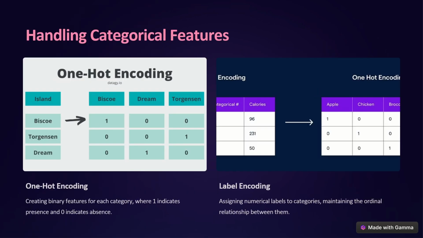For categorical features, you might use one hot encoding, which turns categories into numbers that models can understand, or label encoding, which assigns numbers based on the order of categories. This is like an advanced level. We will see what one hot encoding and label encoding are in future videos.